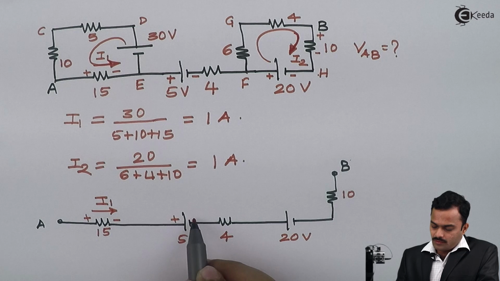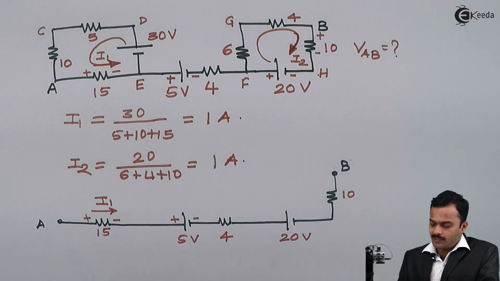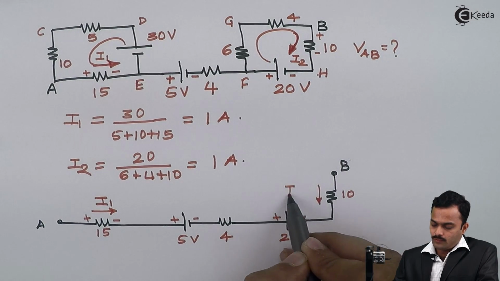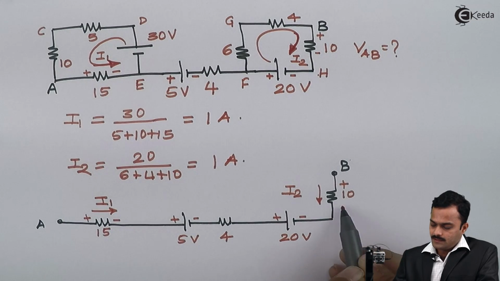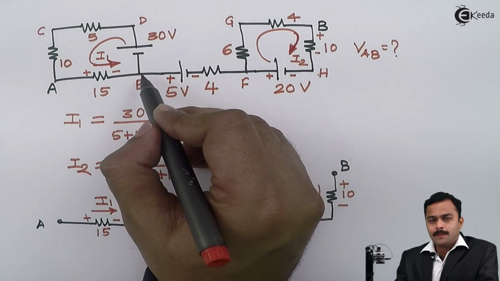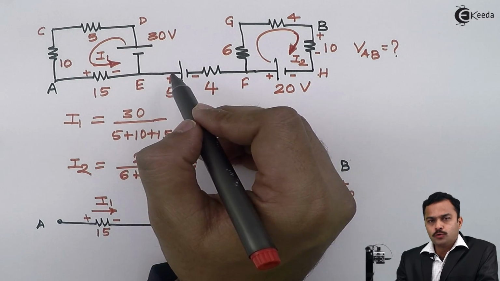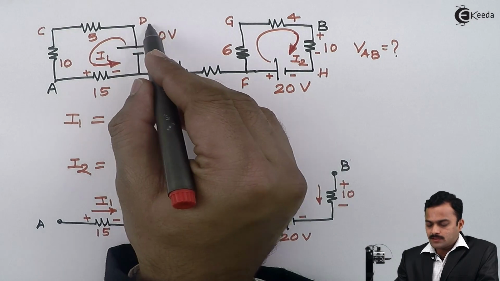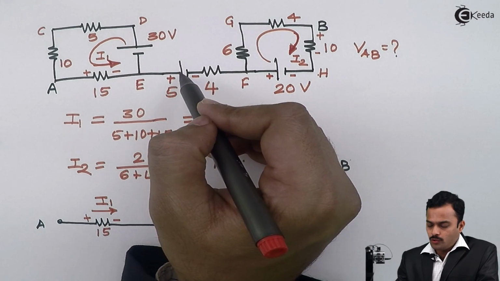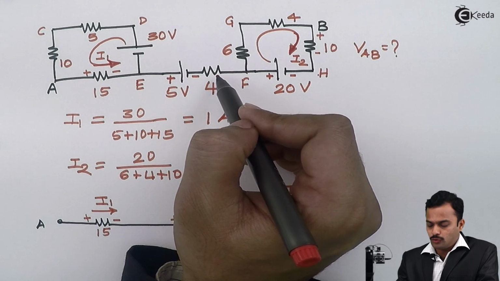Already we have mentioned the polarity of 5 volt, no need to mention. I will come to this 4 ohm later on. First, let's mark the polarities of the remaining elements. For 10 ohm, the current will be I2 downward and hence the polarity is plus minus. The 4 ohm is not a part of any closed loop circuit. See here, if it is closed through some element, then definitely this 5 volt is going to give rise to some current through this 4 ohm.